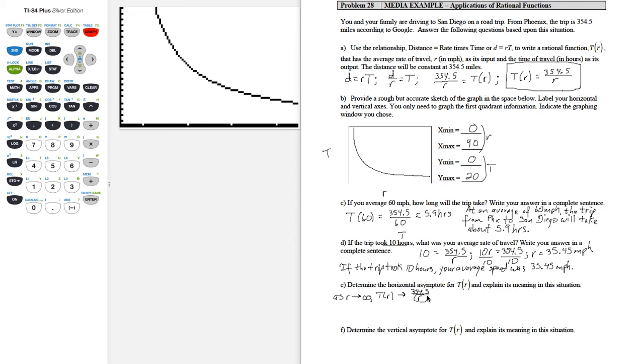As this r gets really, really big, the outputs for this fraction are going to approach 0. You can see that on the graph: the faster I go in this direction, the less time it would take me to get to San Diego. There is a point of diminishing returns. You can only go as fast as your car will go and as fast as traffic and speed laws will allow, of course.